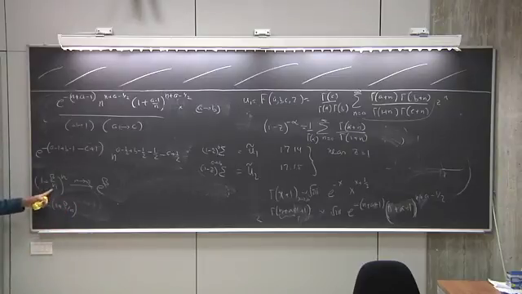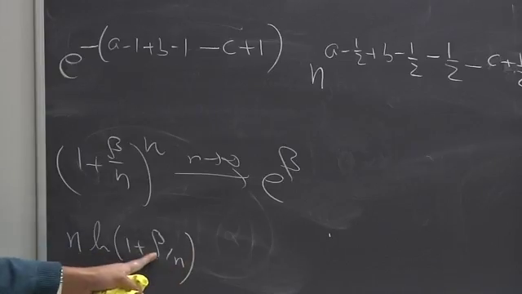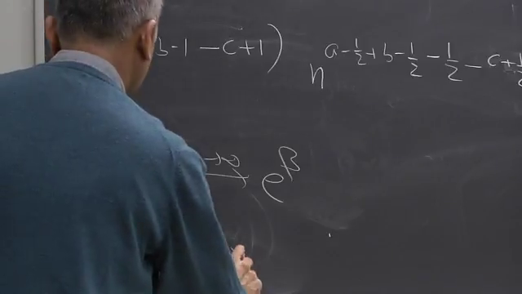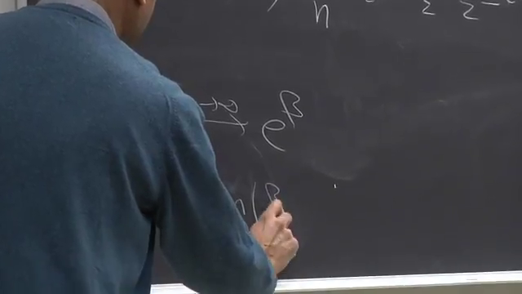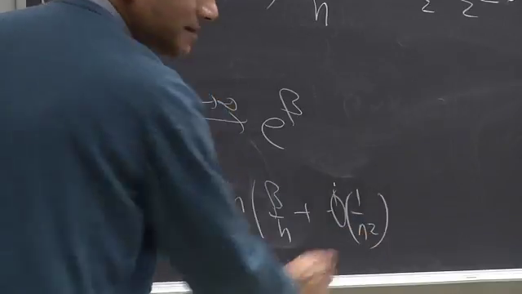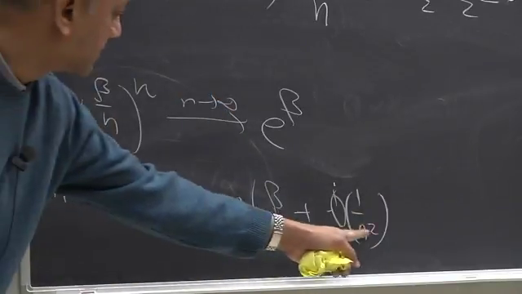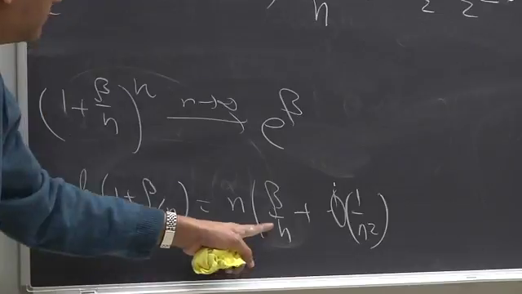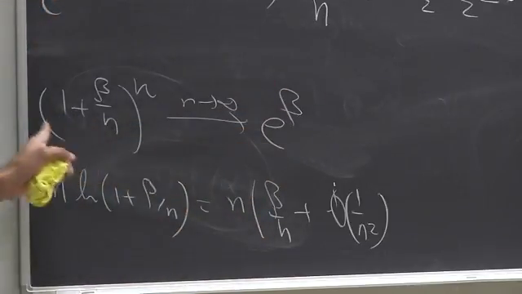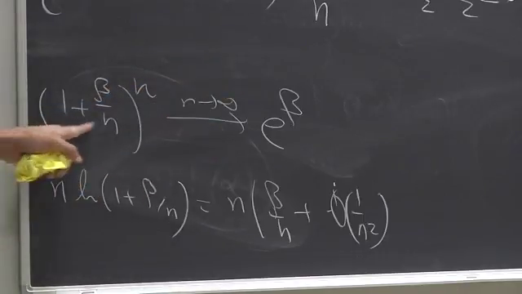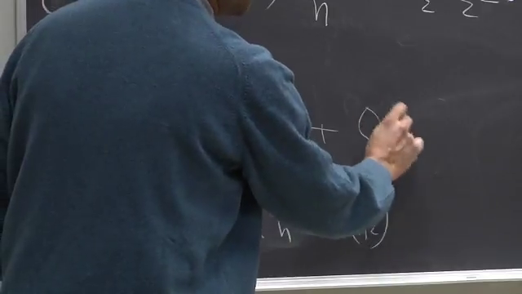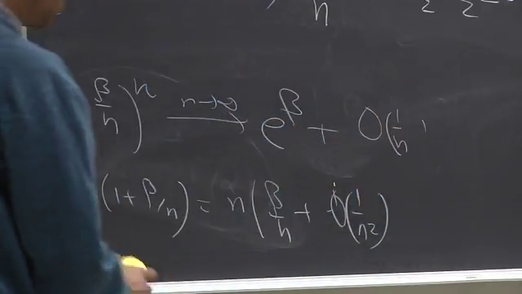But we are looking at the large n limit, so this is a small quantity. I can make an expansion for the log. The first term is n times beta divided by n. Then the higher powers will be of order 1 over n squared, right? So this is not important because that will be 1 over n down. The important point is this one, which is just beta, which is indeed the log of that. So you see that in the large n limit, this goes like that, plus order 1 over n corrections and so on. But we're not interested in that.